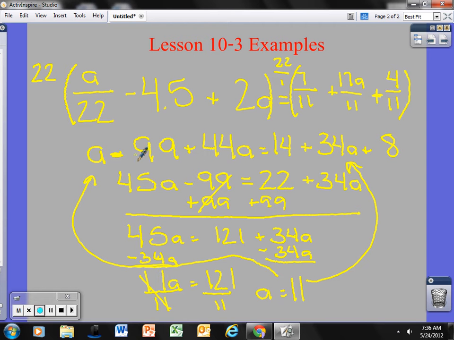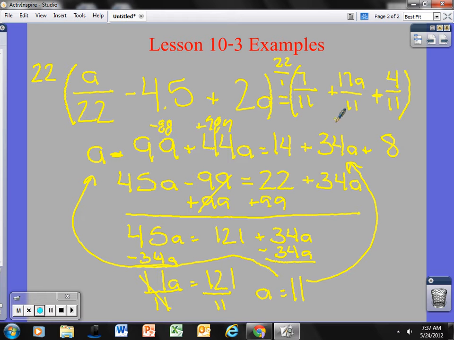So I have 11 minus 99, which gives me negative 88, plus 44 times 11. 44 times 11 is 484. Now that'd be 484 here, plus negative 88, so minus 88 equals 396.